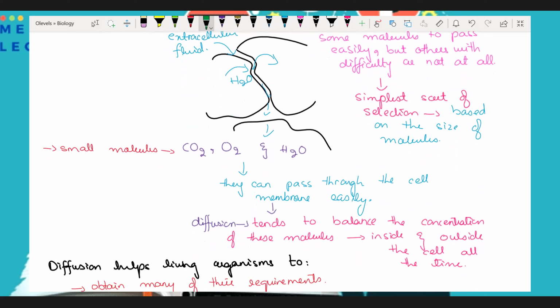And due to diffusion, now diffusion tends to balance the concentration of these molecules inside and outside the cell all the time, right? So what is the purpose of diffusion? That the molecules will pass from an area of high concentration to an area of low concentration, right?